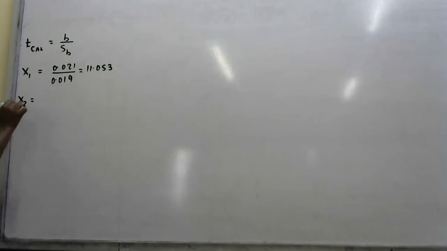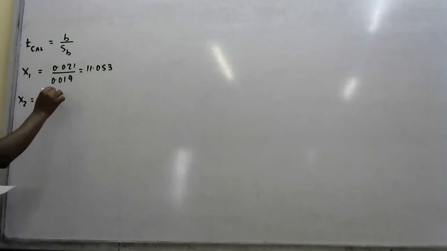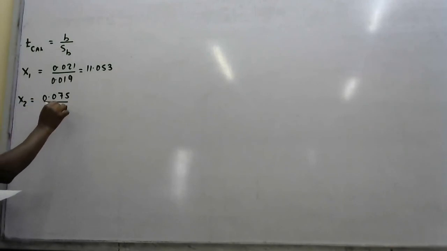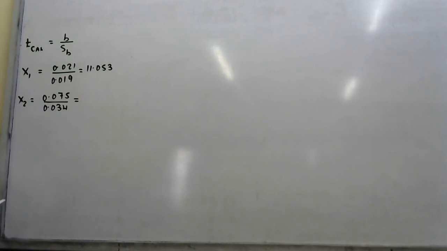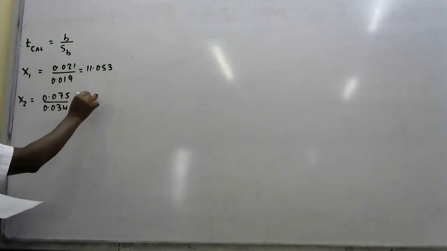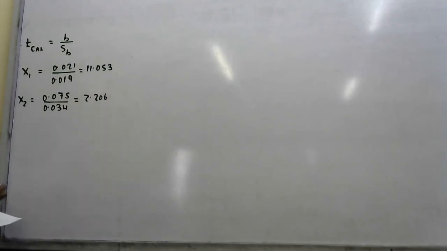Then x2 is 0.075 divided by 0.034. 2.206.